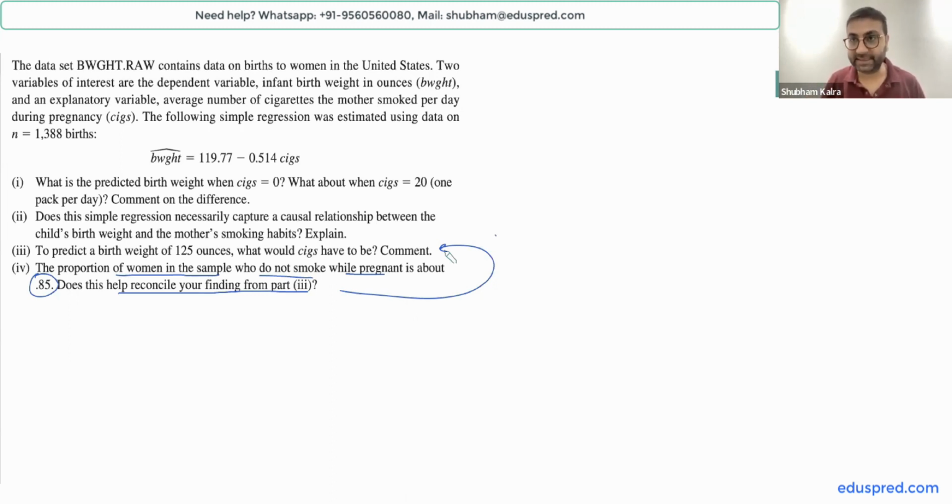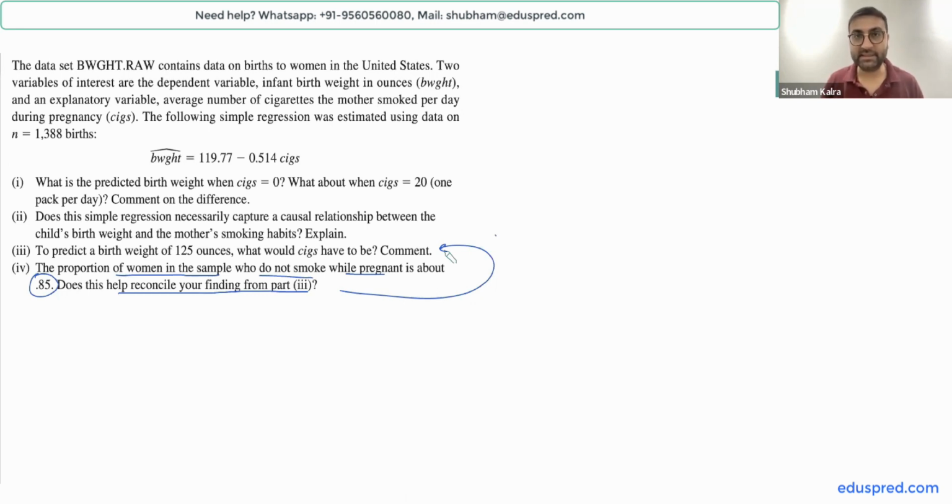Now, in the sample data, almost 85% of the women are non-smokers. They did not smoke during pregnancy. What does this mean? That 85% of the values of your variable CIGS are going to be 0, right? Because 85% of women are not smoking, so for them the value of CIGS is 0.